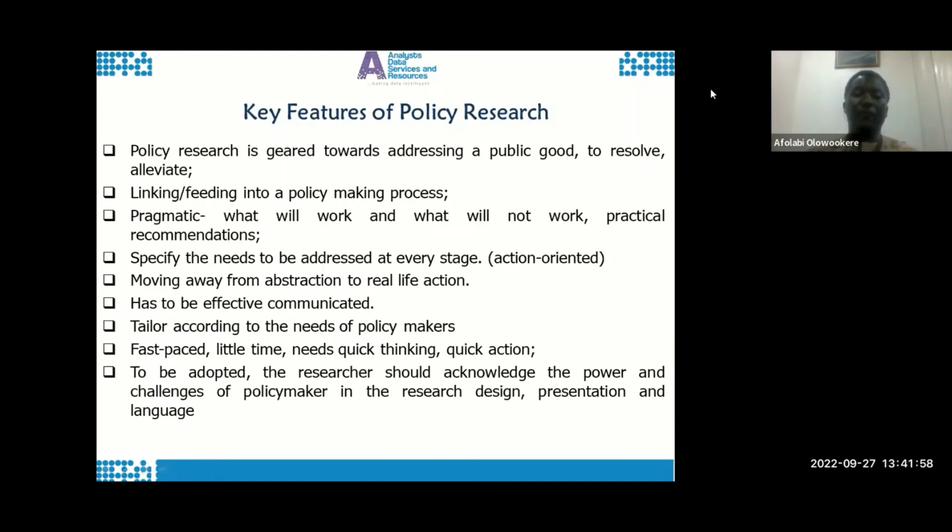So for a research work to be adopted as useful by a policymaker, the researcher should acknowledge the power and the challenges that are faced by the policymaker. What do we mean by that? The researcher is not the king; the policymaker is the king, right? Whether it's respected or not, the policymaker is the one that calls the shots.